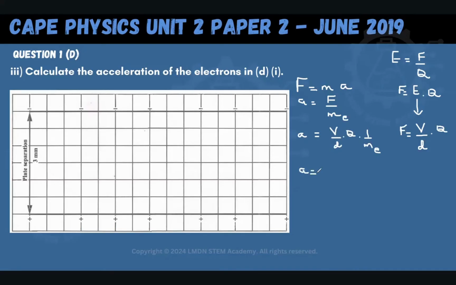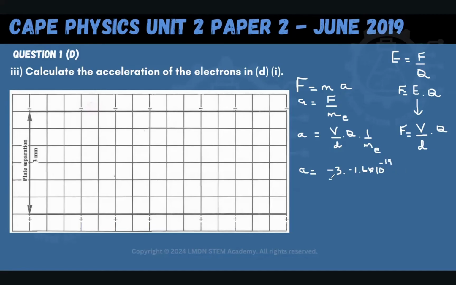So now we know the V from before to be -3. We calculated that potential difference in an earlier part of this question, so we know that that's still true. Our Q is still minus 1.6 times 10 to the minus 19. That is the charge of an electron.